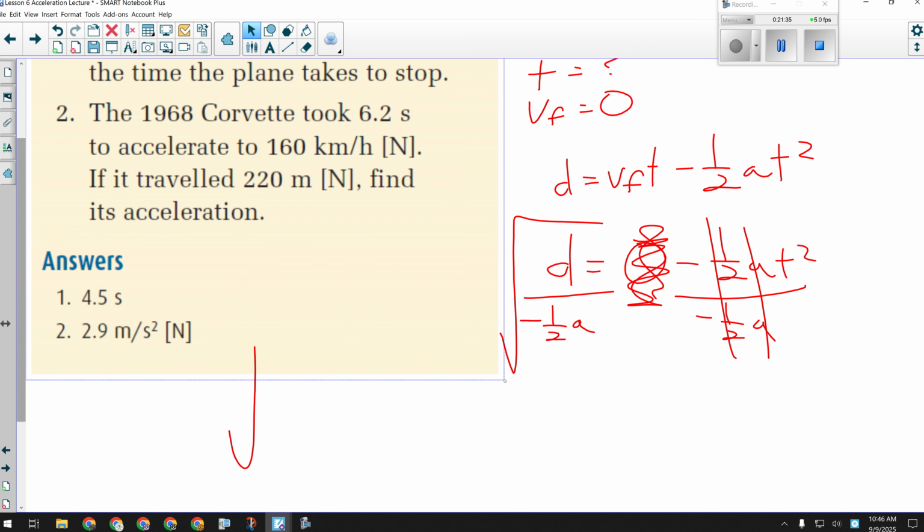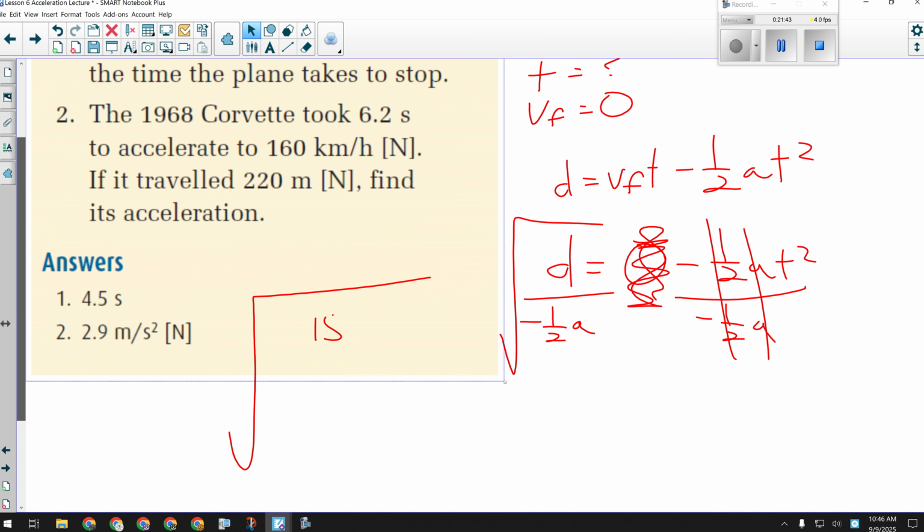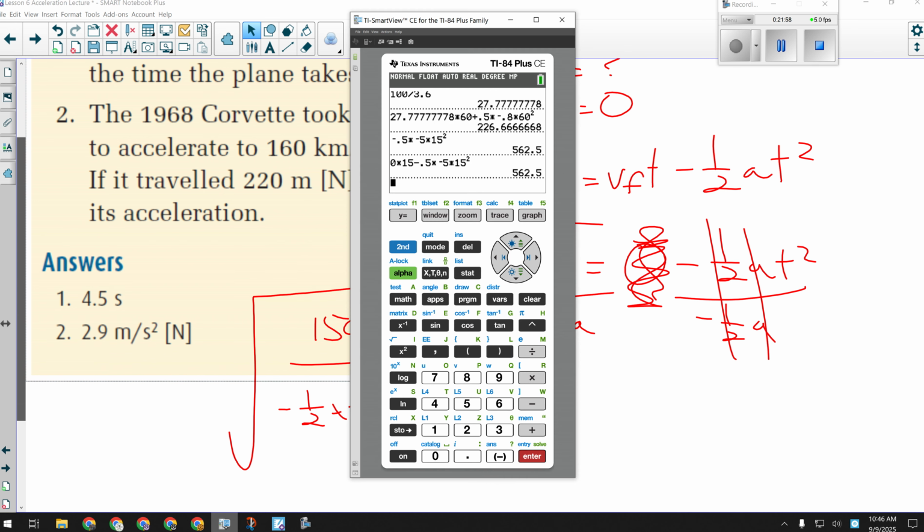Now that we've got it manipulated, we're going to put in 150 meters divided by 1/2 times negative 1/2 times negative 15. Now we can punch it all in, and we should get a good number here.